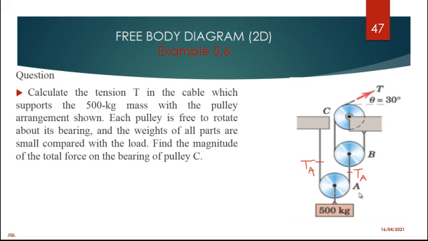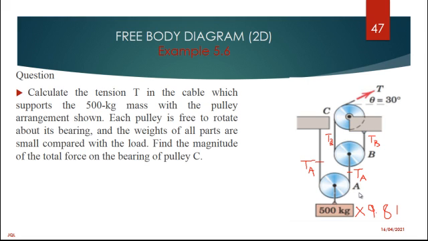Then when I go to pulley B, I can call this TB, which will be the same tension TB on the other side. How do we calculate the load of that 500 kg? It's just by multiplying that times 9.81.